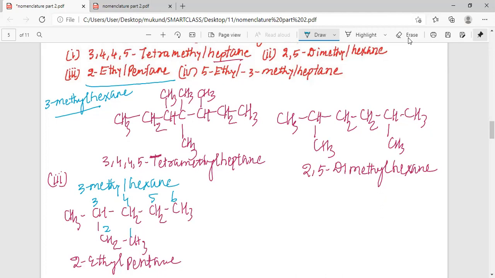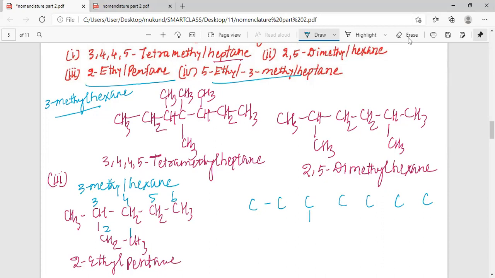Now, my dear students, we want to study the next one, 5-ethyl 3-methyl heptane. Heptane means we have 7 carbons, 1, 2, 3, 4, 5, 6, and 7. Then we can give the numbering 5-ethyl and 3-methyl.